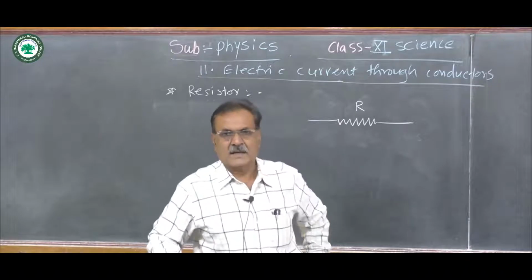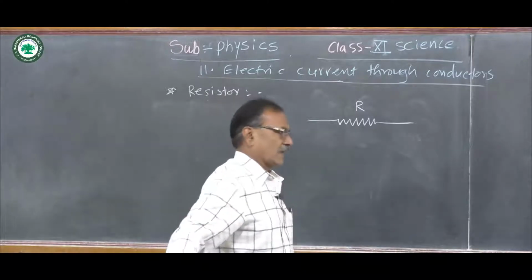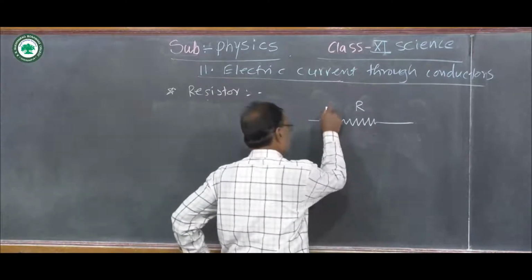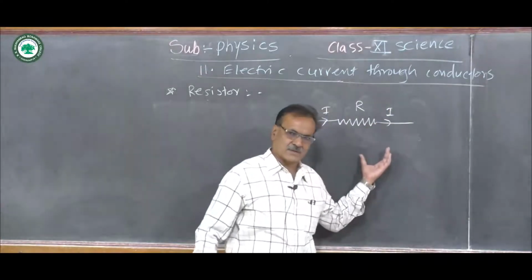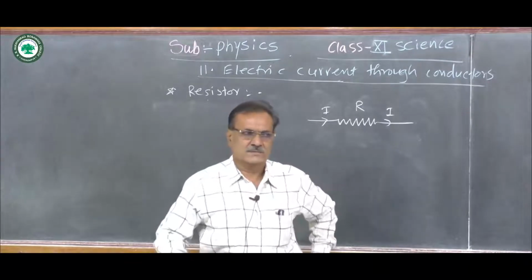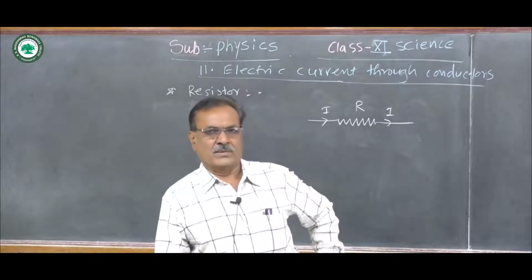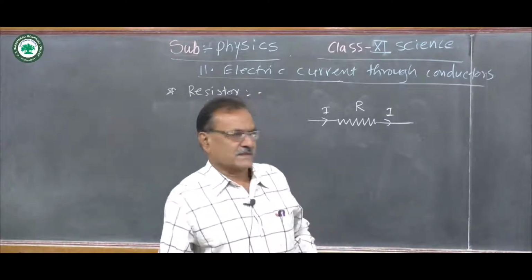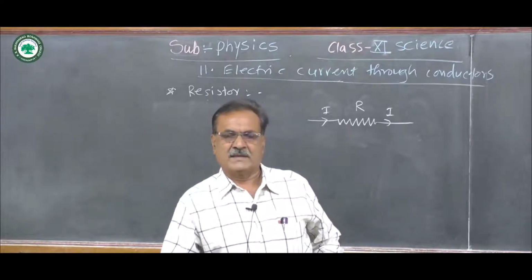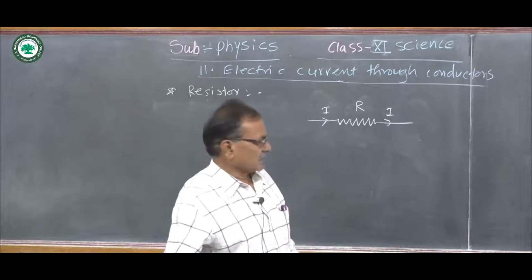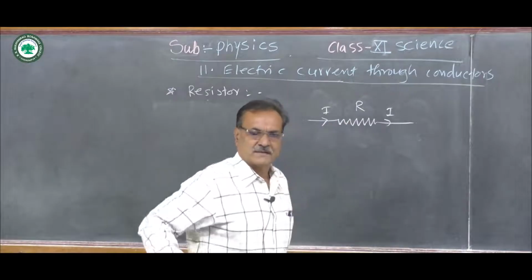When an electric current is flowing through the resistor, then what will happen? The resistor offers resistance. We know the resistor is a semiconductor device, and when an electric current is flowing through the resistor, the resistor opposes the flow of current through it.